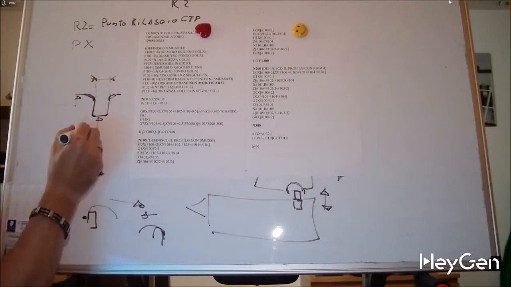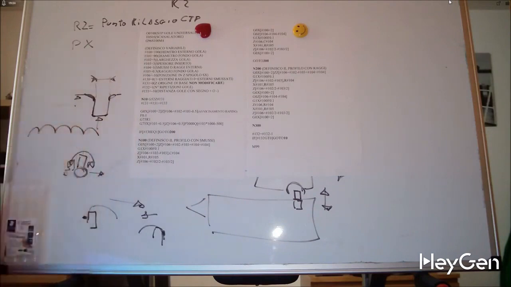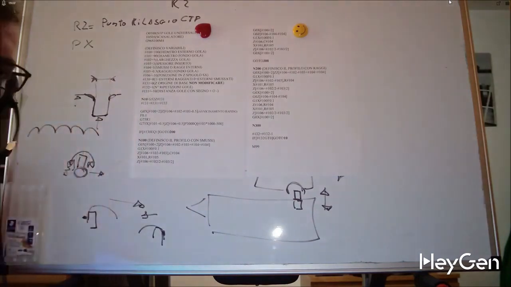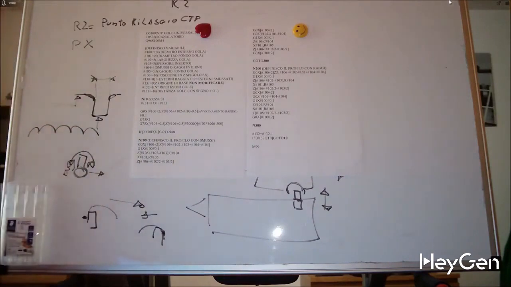And this groove can be repeated as many times as I want along the arc of my outer diameter. So what do I do here?